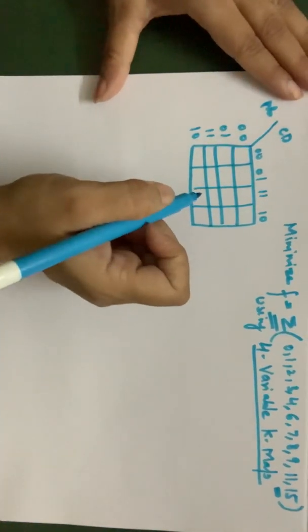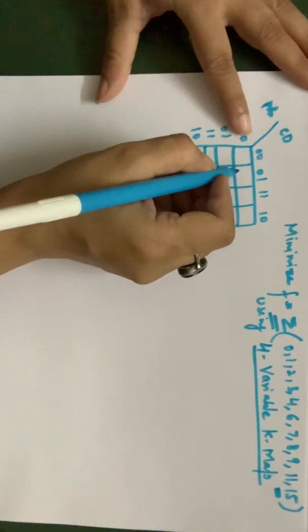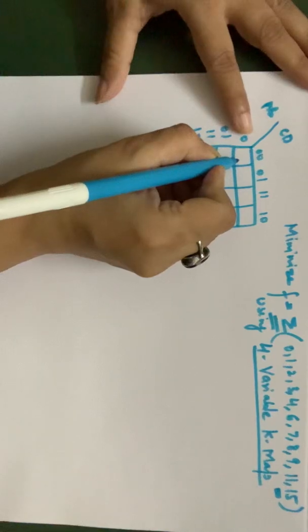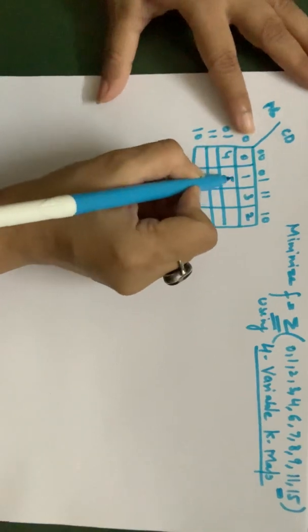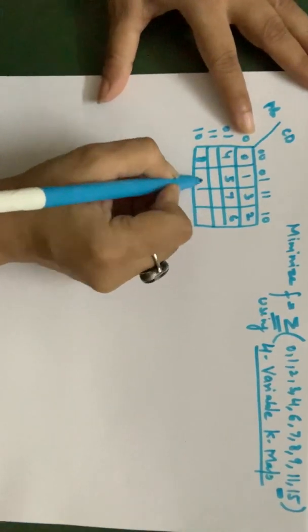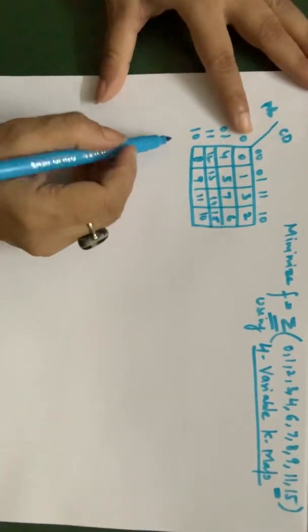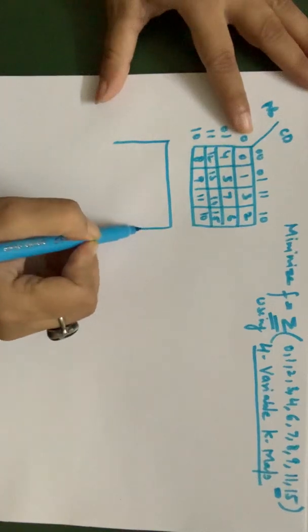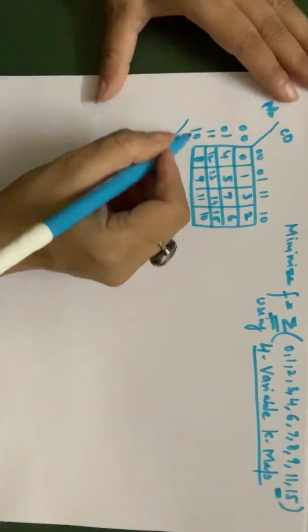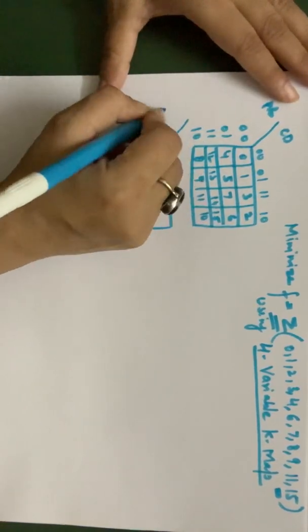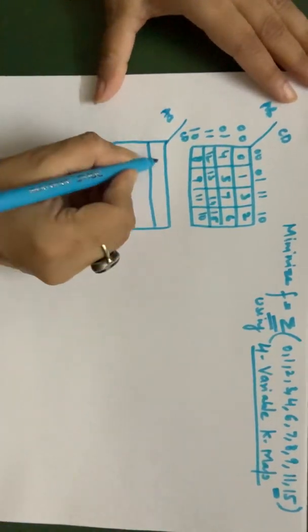If you forgot, you can just write it here, or I'll mention it for you: 0, 1, 2, 3, 4, 5, 6, 7, 8, 9, 10, 11, 12, 13, 14 and 15. I have also told you why we do all this: to ensure that there is no change in two variables at once. That is why we use this type of combination in a map. Now we try to put the values here.